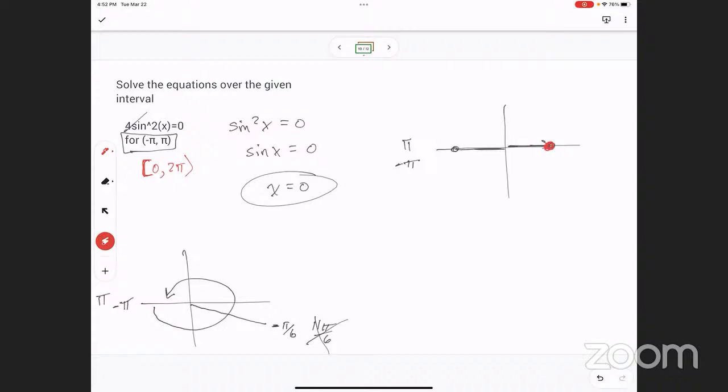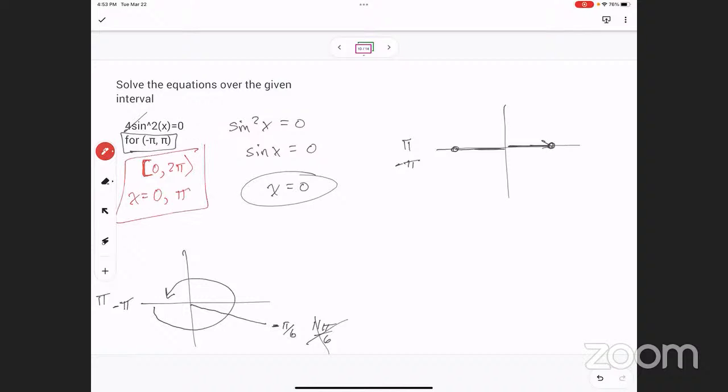Now it would be 0 and which other one? Because still my answer is just where? It's this point or this point? Well, it can't be 3 pi because 3 pi isn't in here. How about 1 pi? Couldn't it be 1 pi? Yeah. So your answer would have been 0 and pi if they had asked you this way.